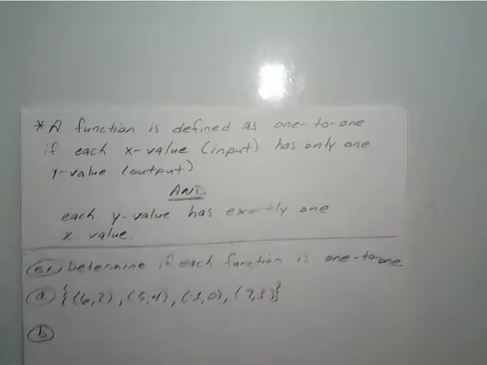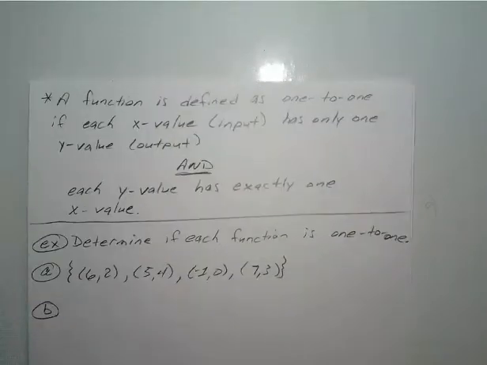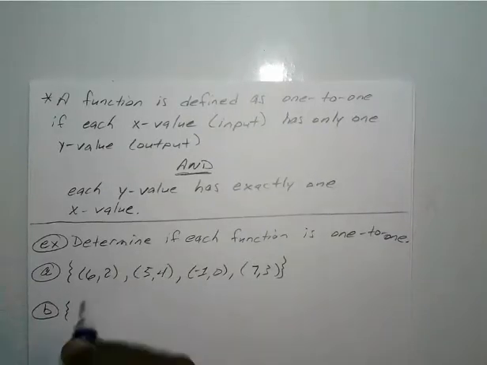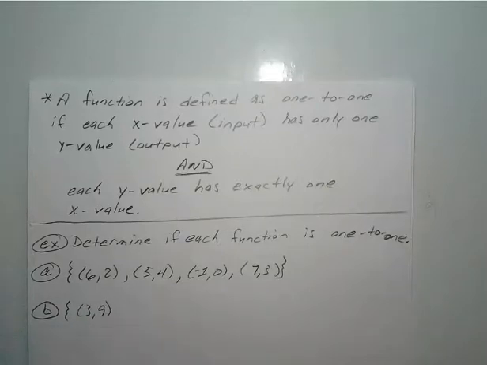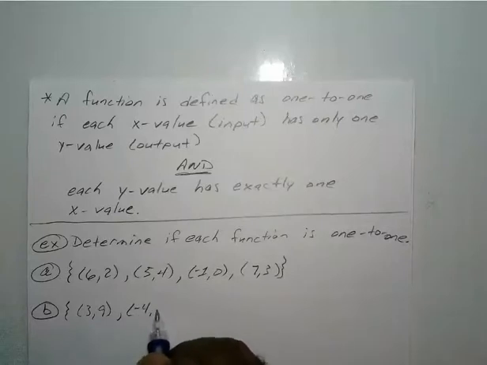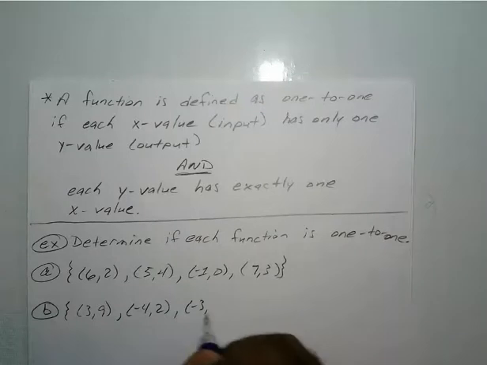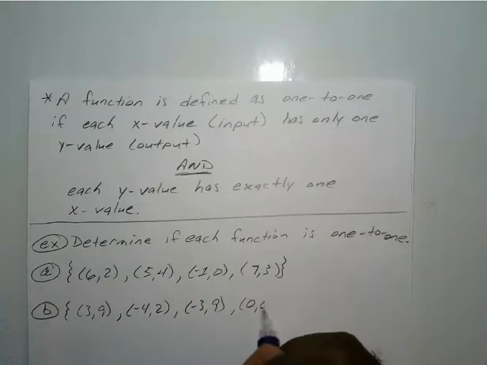For B, what if we have, we say 3, 9 as our point. Say -4, 2. Say -3, 9. And 0, 0.